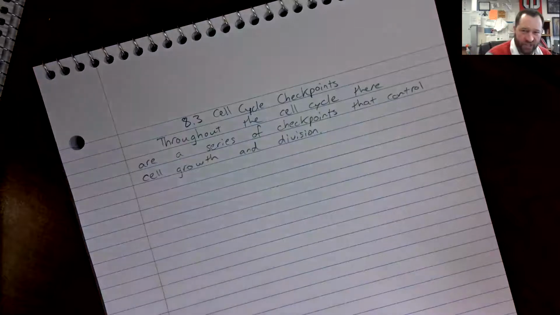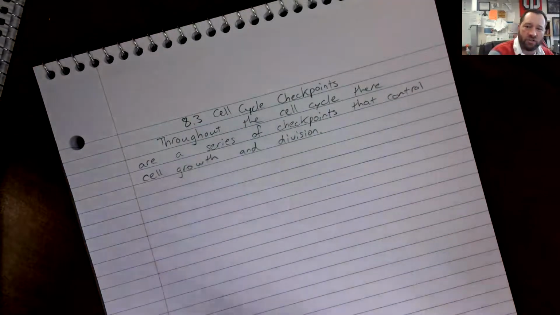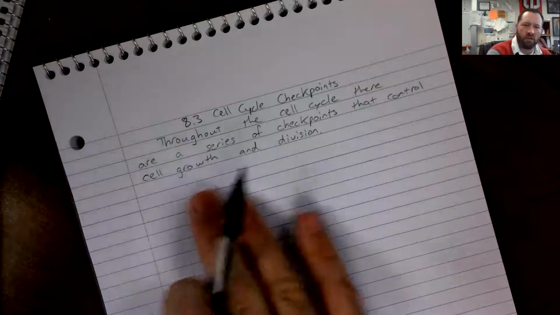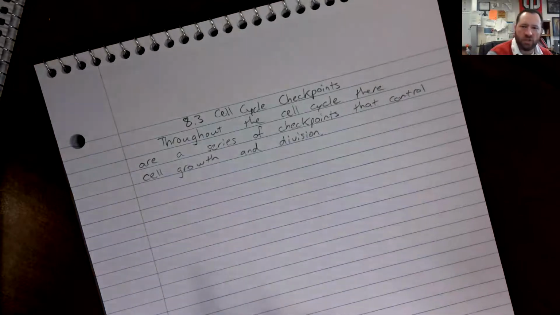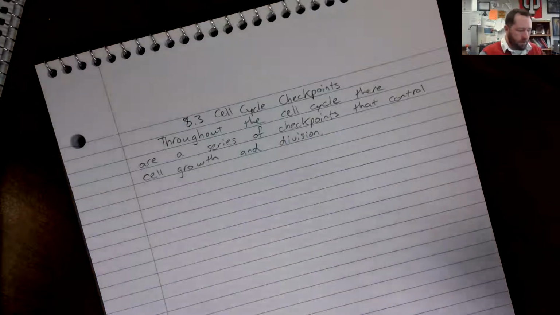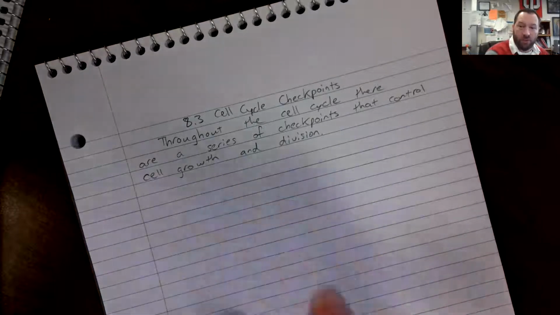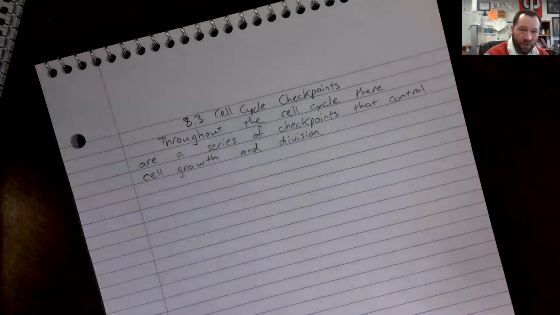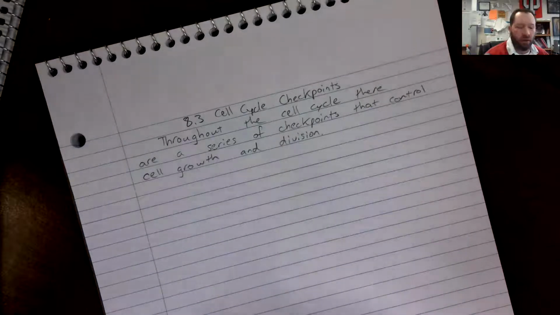So throughout the cell cycle, there are a series of checkpoints that are controlling that the cell grows and then goes through the cell cycle and eventually divides. And we want these checkpoints to maintain control. There's actually a term, unfortunately, we're probably all too well aware of it.